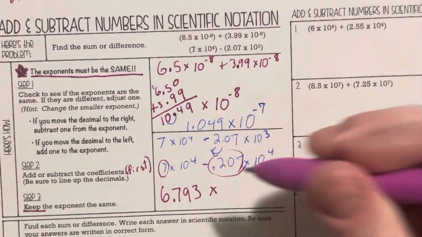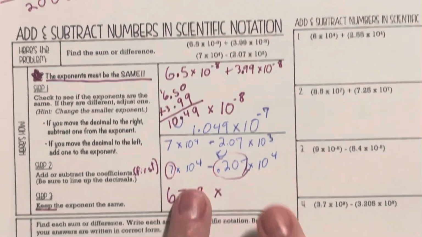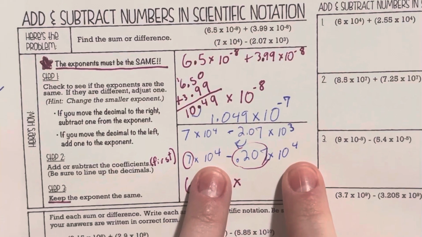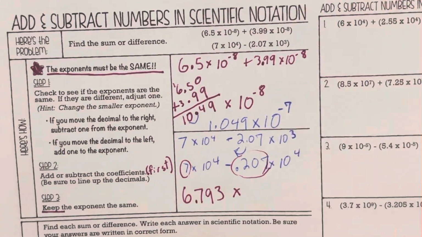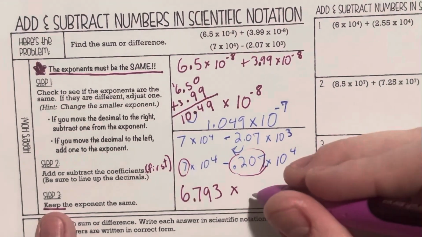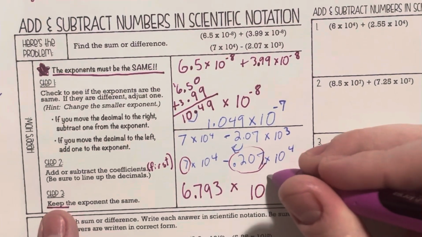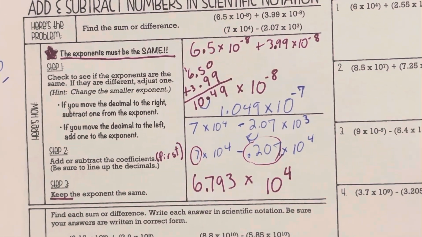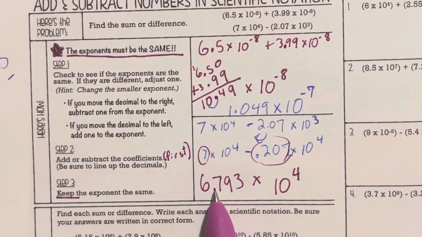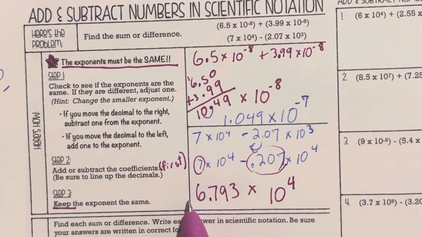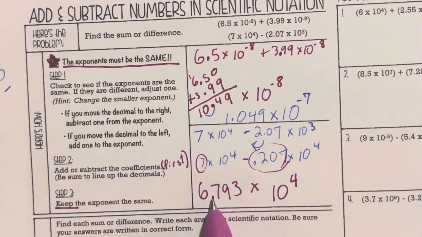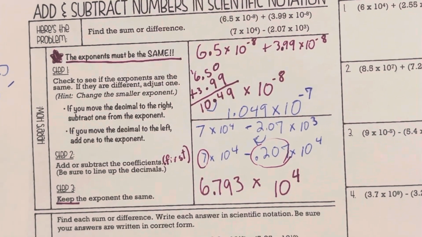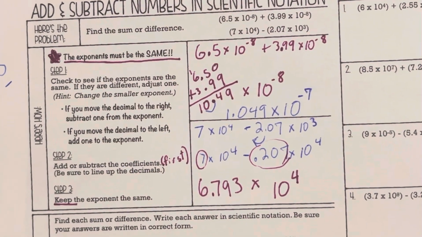And because our exponents were the same and they're just marking place values, I bring it on down and keep it exactly the same, 10 to the 4th. Now I need to check my answer and make sure that I only have 1 number to the left of my decimal. I do, so I'm done. This is exactly how it needs to be.